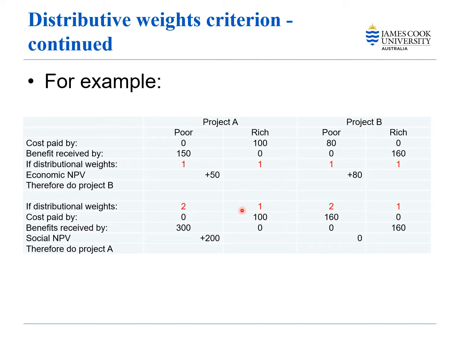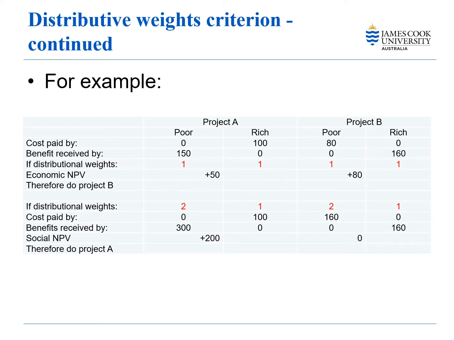Okay, let's change the distributional weights. Suppose the poor carries a weight of 2, the rich carries a weight of 1. Then the calculation of the net social benefit for project A will be 200. In contrast, net social benefit for project B will be 0. So now we are going to say that project A is better than project B. So here, if we give the poor a higher weight, we arrive at different conclusions.